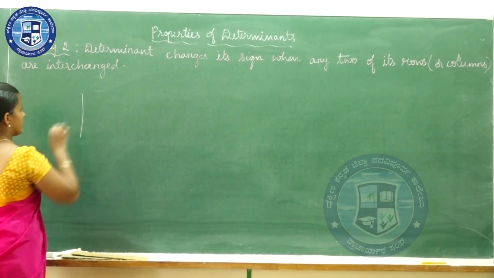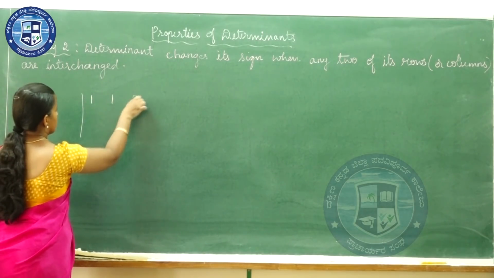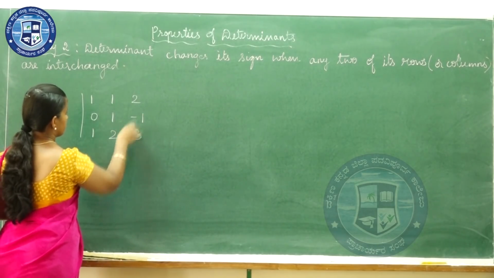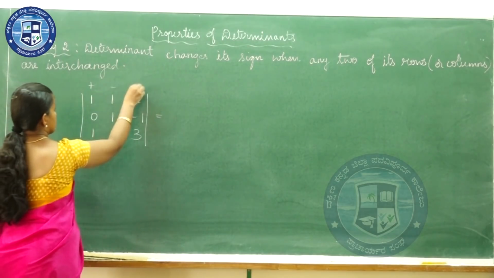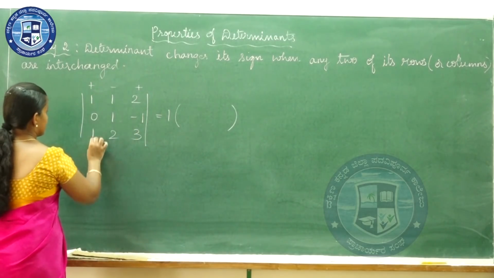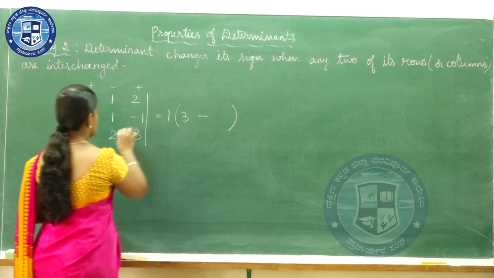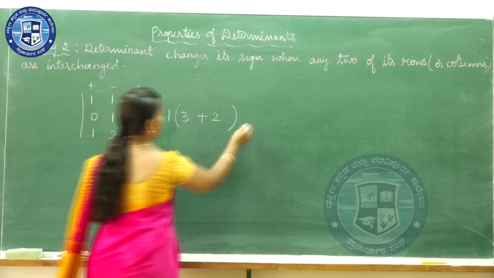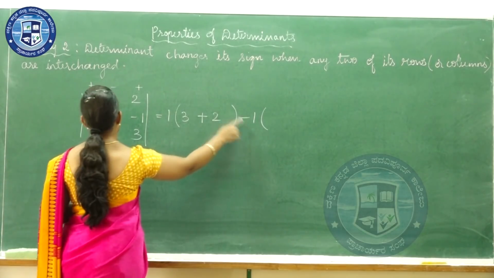Let us first check with an example whether the property is true or not. Let me consider this example. So let us expand the determinant. Plus minus plus. So plus 1 into, delete this, 1 into 3, 3 minus 2 into minus 1 is minus 2, this becomes plus 2. Minus 1 into, so this was plus 1, you have to write it as minus 1.